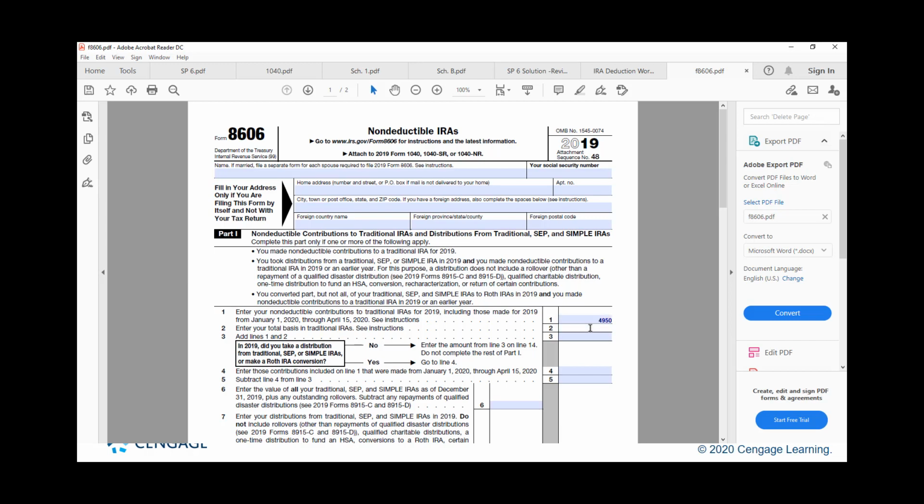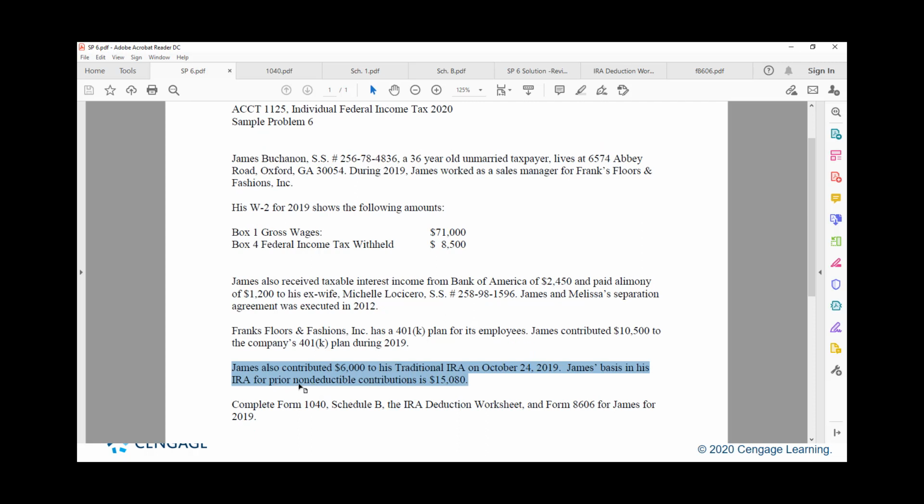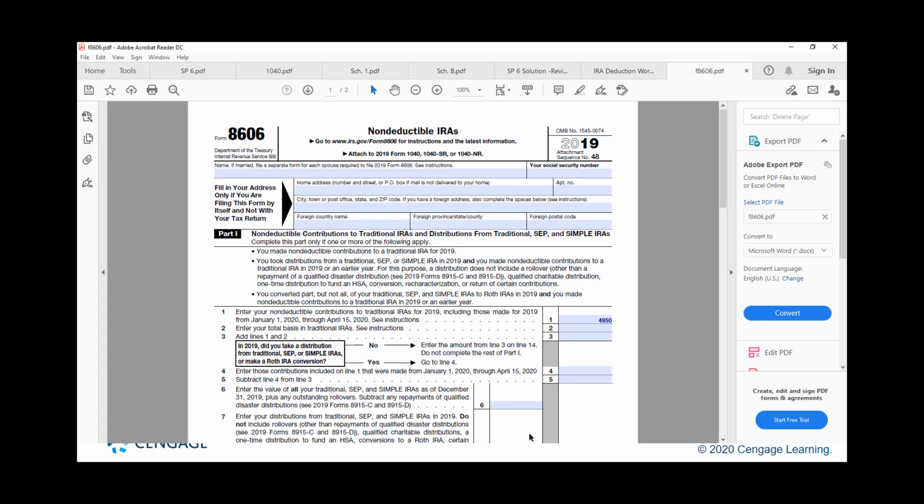Then line 2, we enter the total basis in traditional IRA, which is given to us. It's from previous years. Right here, prior non-deductible contributions, 15,080. Line 3 is just the subtotal, and it says here, in 2019, did you take a distribution from traditional, SEP, or SIMPLE IRA, or make a Roth IRA conversion? The answer to that is no. So then enter the amount from line 3 on line 14.